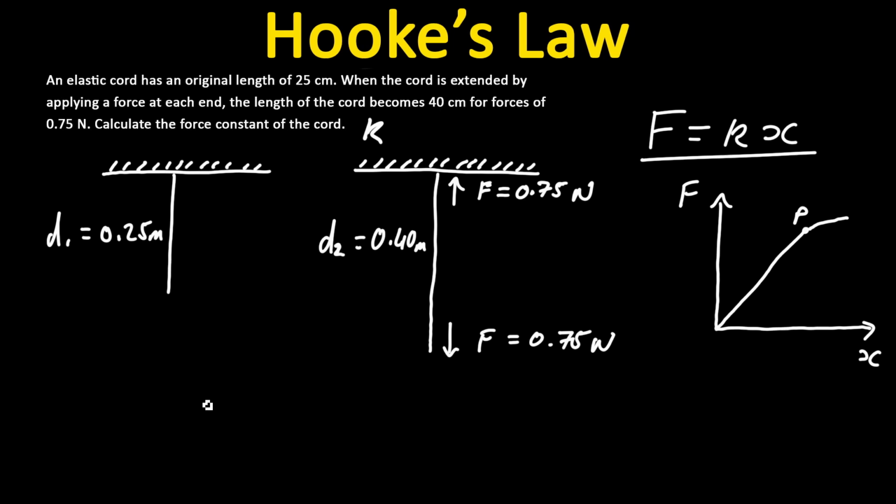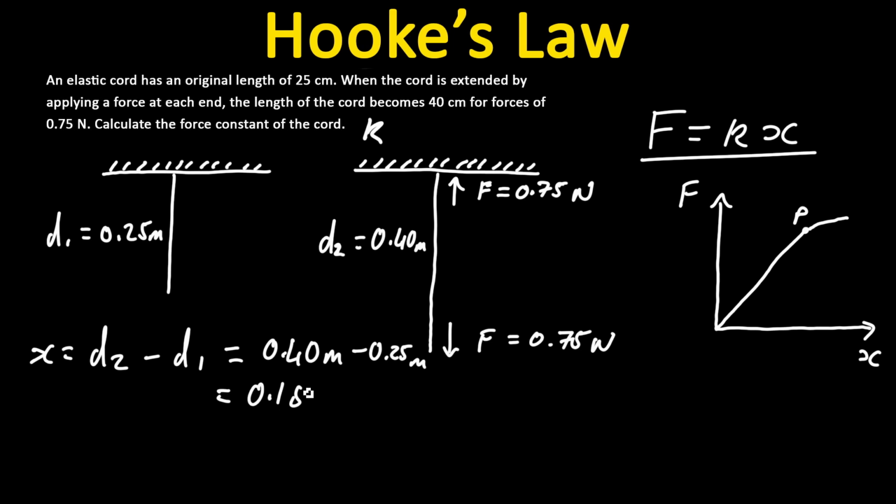So our extension is the difference between the lengths here. So d2 minus d1 is equal to our extension, which is equal to 0.40 meters minus 0.25 meters, which equals 0.15 meters.